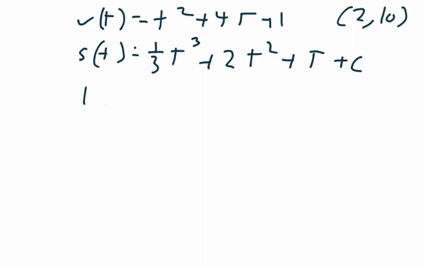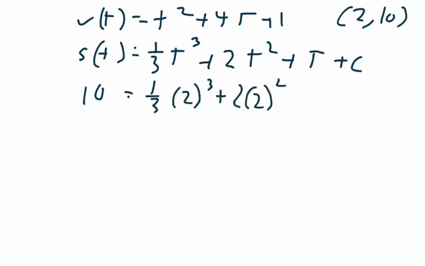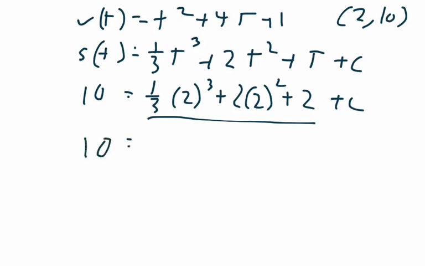So 10 equals 1/3 times 2 cubed plus 2 times 2 squared plus 2 plus c, and I'm going to put all of that into my calculator. So this is 10 equals 12.67 plus c.